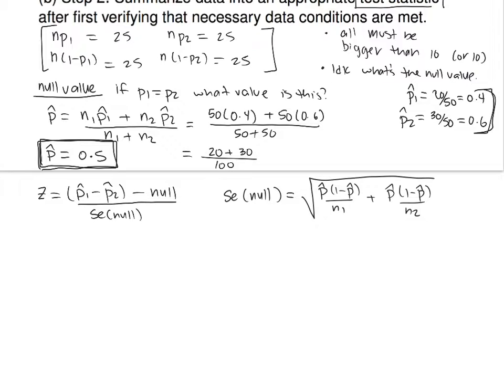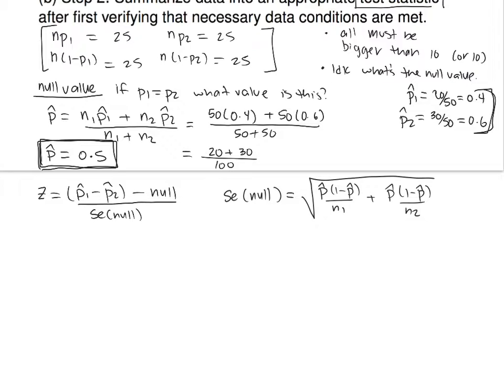Do you see how it's a teensy bit different than last time? It is, and that's because you assumed that P1 equals P2. Okay. Does that make sense?